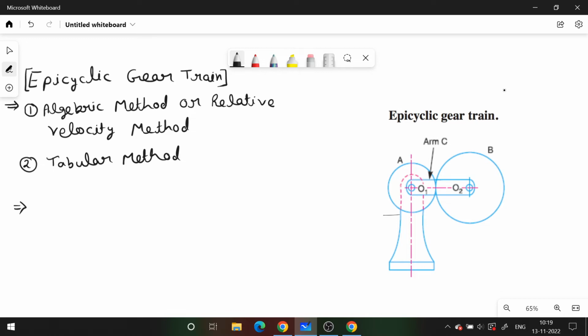Now, how can the velocity ratio of an epicyclic gear train be calculated by the algebraic or relative velocity method?